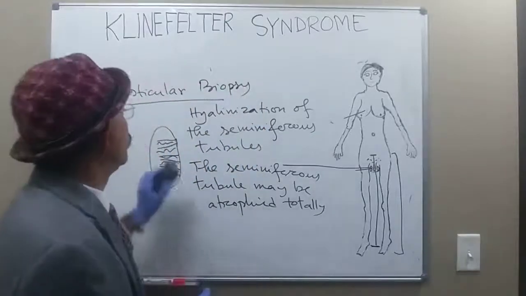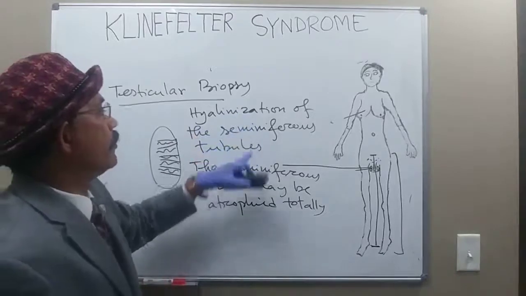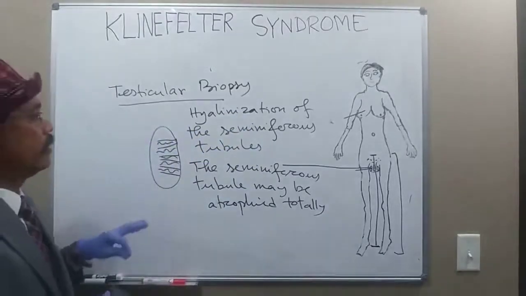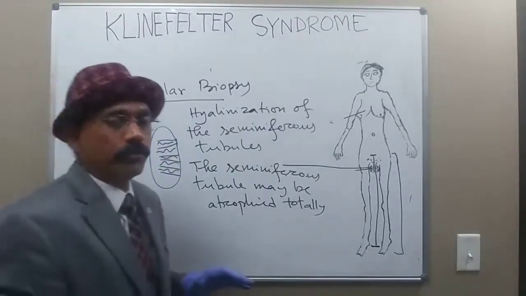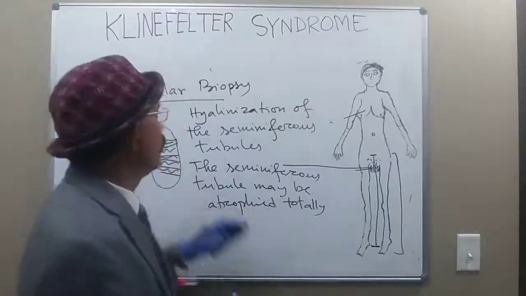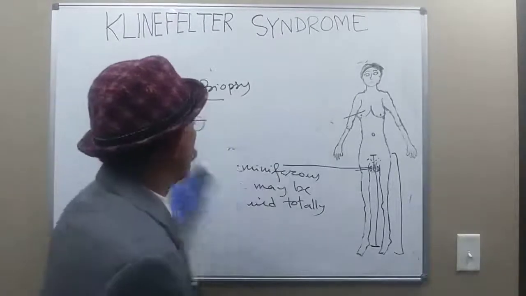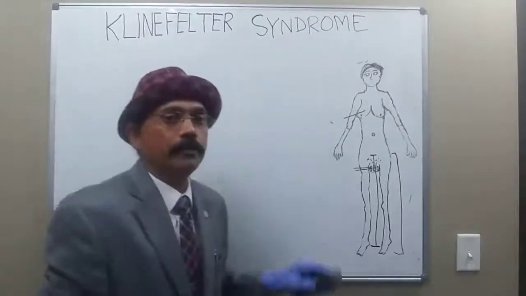Interstitial cells of Leydig will give emphasis on hyalinization of the seminiferous tubule. On palpation, it is hard feeling. Okay, its size is very small, around 2 centimeter, maybe 10 ml. Okay, that is the finding in testicular biopsy.